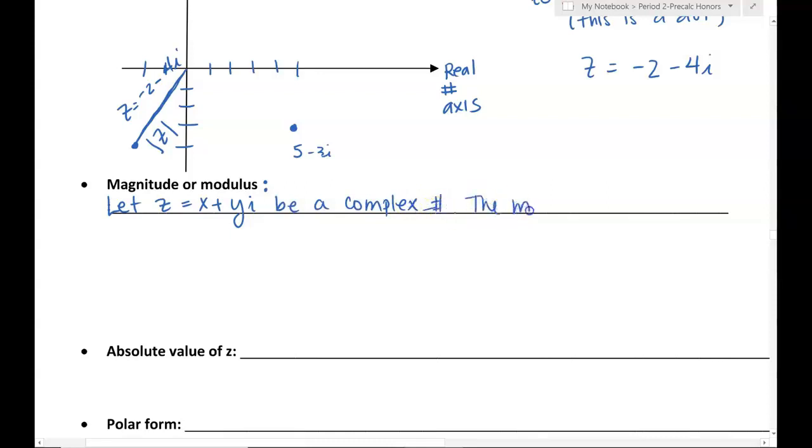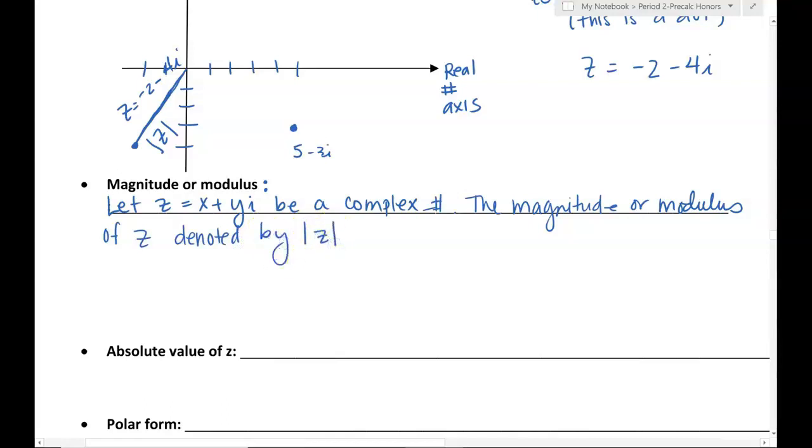The magnitude or modulus of z, denoted by an absolute value of z.